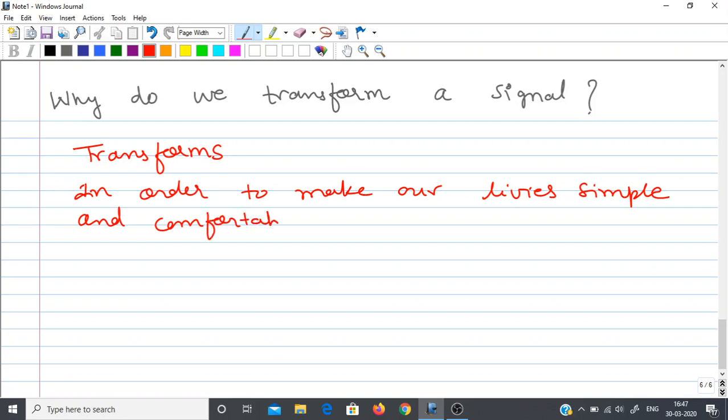But this is not completely understandable. What does it mean that transform makes our lives simple and comfortable? If you recollect your school days, what did you do for multiplication and division of long numbers without the help of a calculator or any other calculating device?